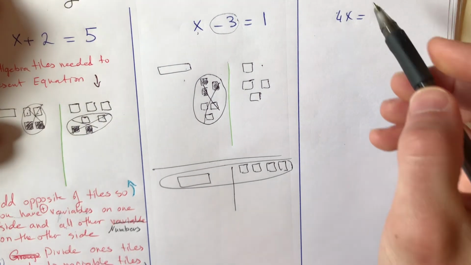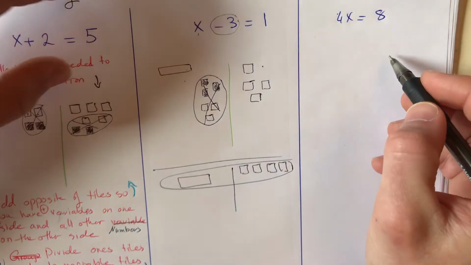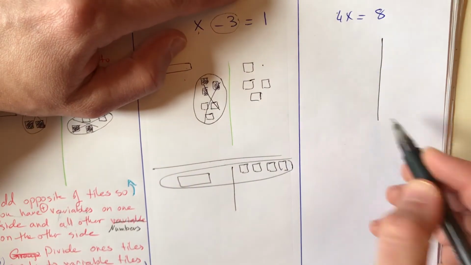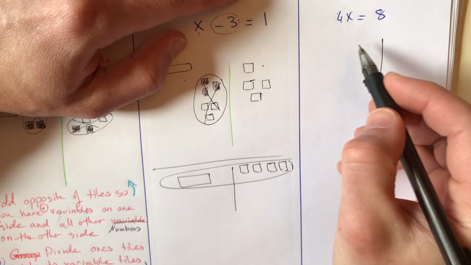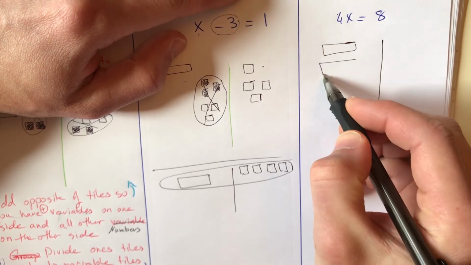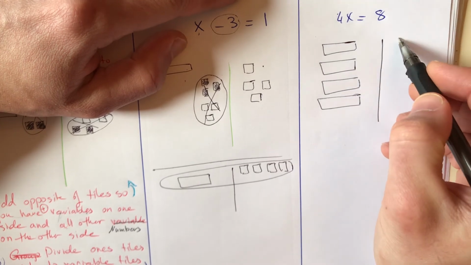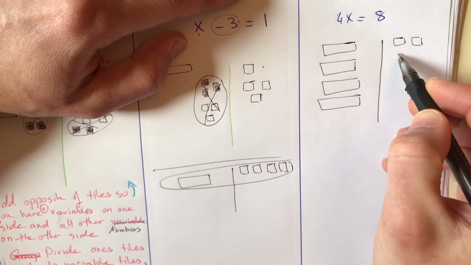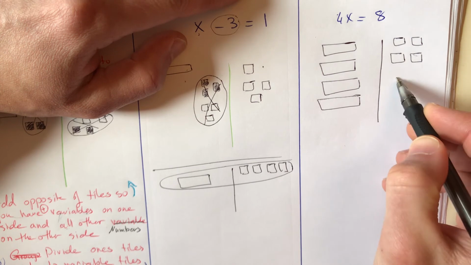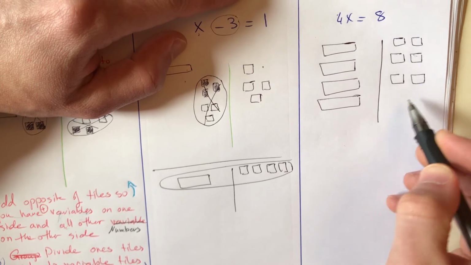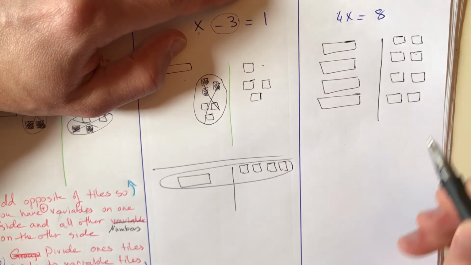Okay, you can pause the video and try the next one if you wish. The next one we have 4x equals 8, so we would draw our equal sign here, and you have 4x, so you have 1, 2, 3, 4. On the other side you have 8, 1, 2, 3, 4, 5, 6, 7, 8.